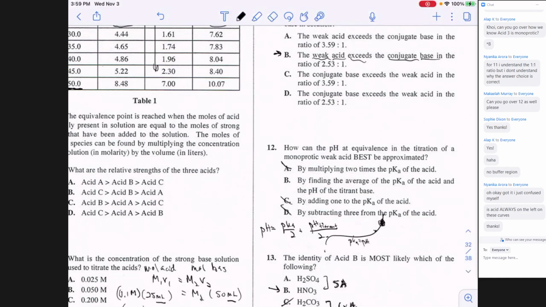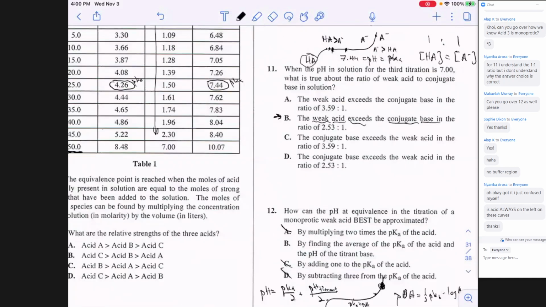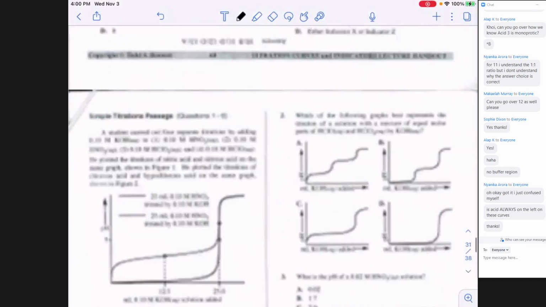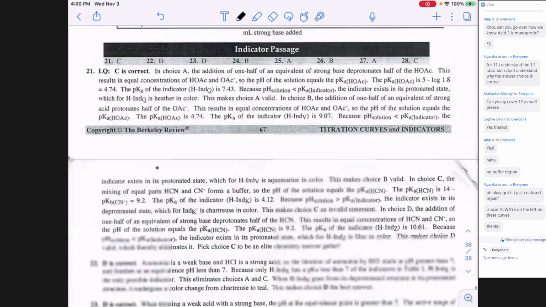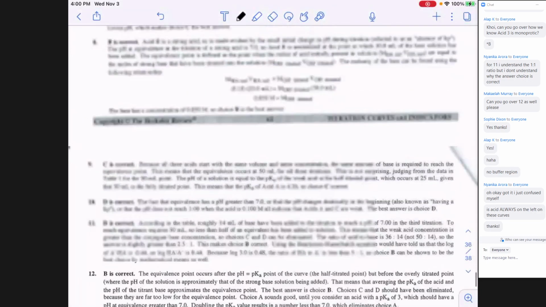You could have done it using your weak base: POH is equal to 1/2 pKb minus log of your conjugate base at that point. But right now, we don't know what the base was, so we couldn't have used that equation that we talked about. Does that make sense? Yeah, thank you.